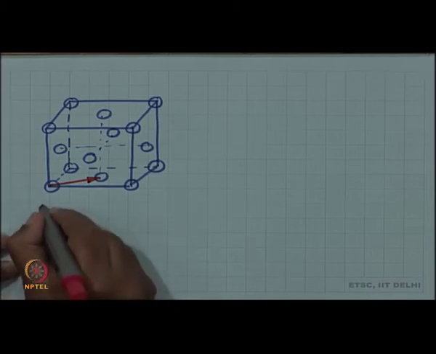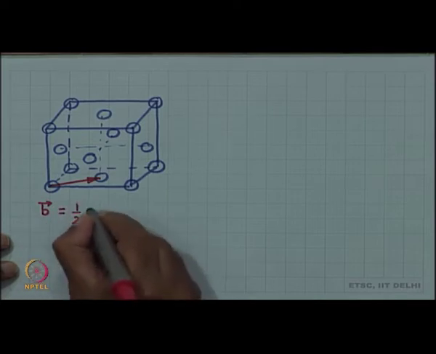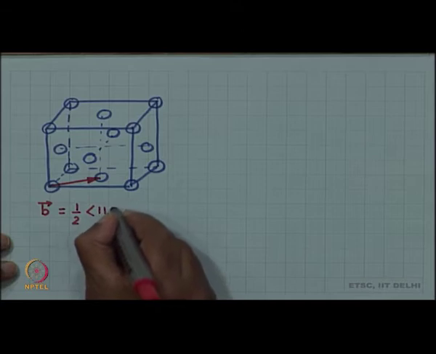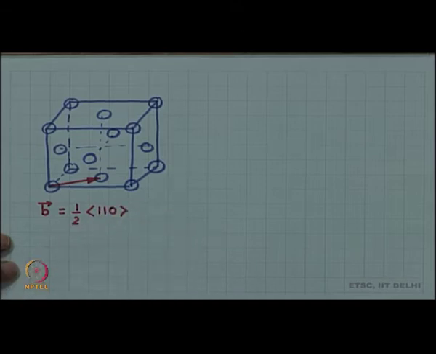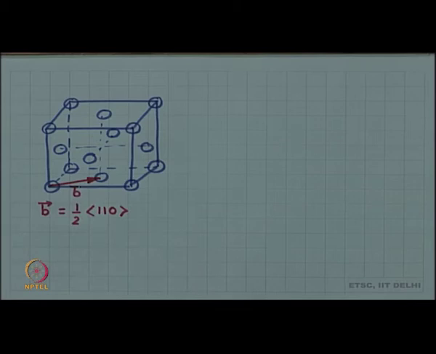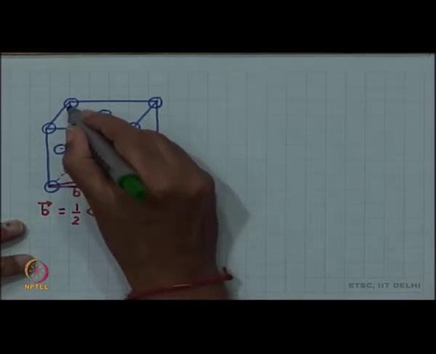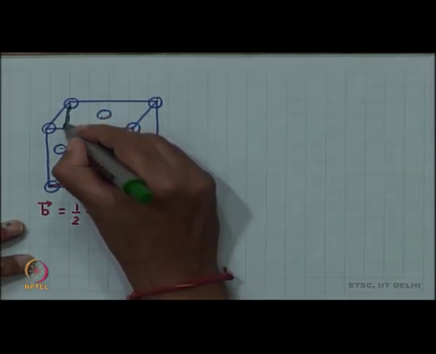So, b is of the form half 1 1 0. We have also seen that the slip planes in the face centered cubic material are of the 1 1 1 type.